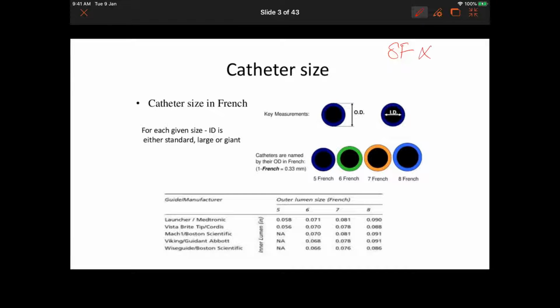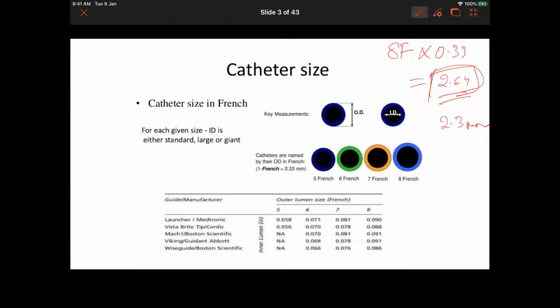That is 8 into 0.33, that is about 2.6 millimeters. So this will be the outer diameter of the sheath. But the 7 French guide catheter will be about 2.3 millimeters. That is 7 into 0.33. So this is the difference.